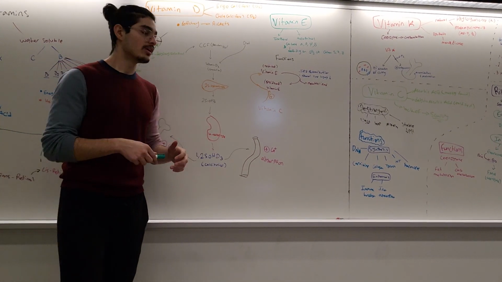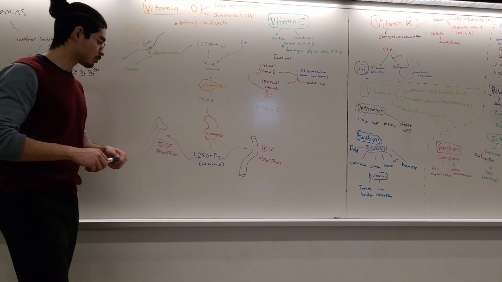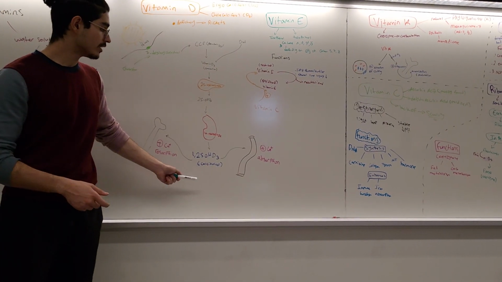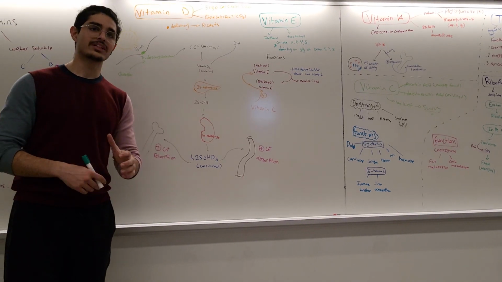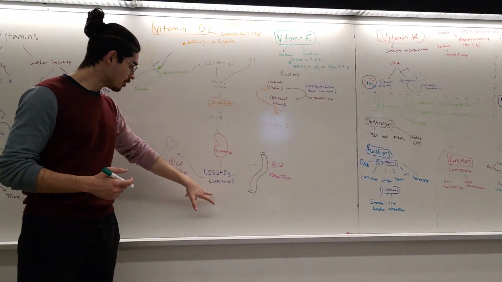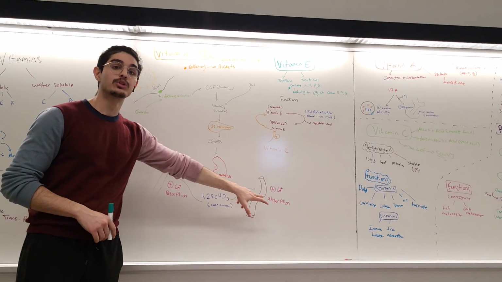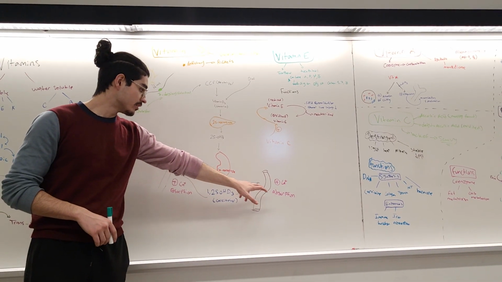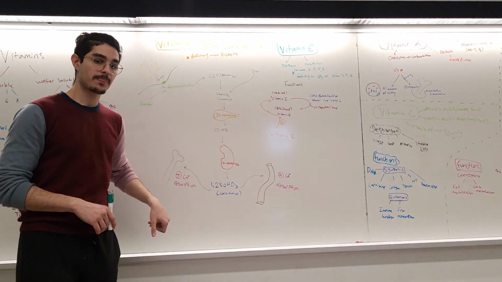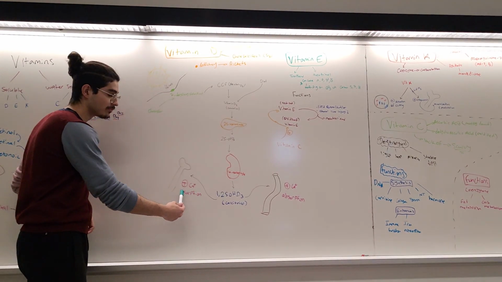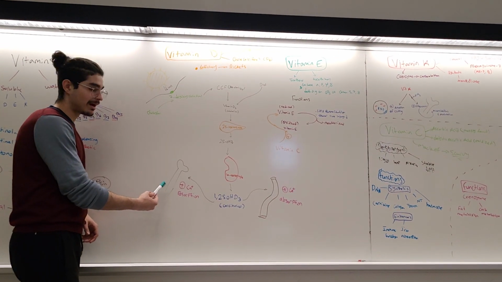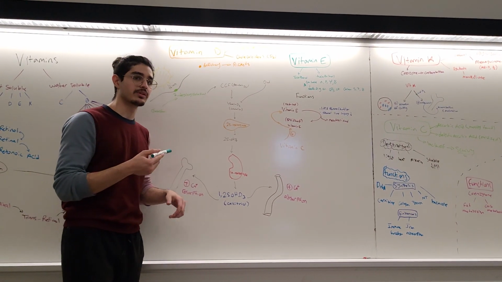So what's the role of calcitriol? Well, calcitriol is really important in calcium homeostasis. So it can cause calcium absorption from the intestines, okay? And it can cause calcium resorption from the bone by stimulating osteoclasts specifically.